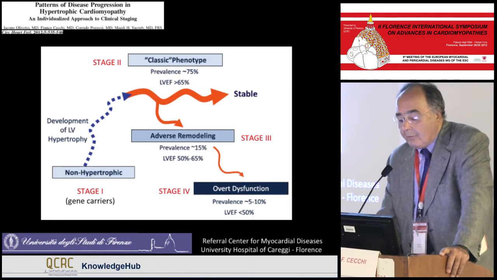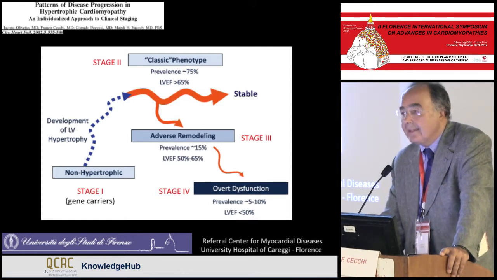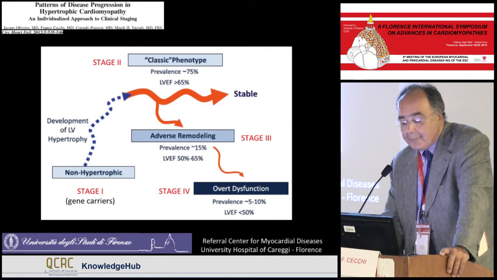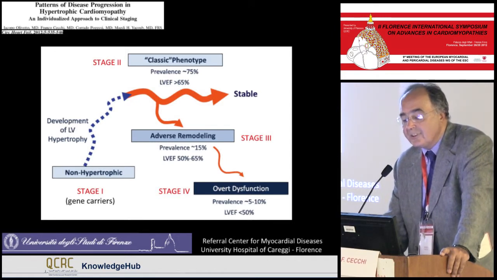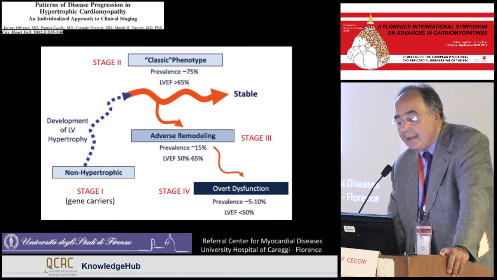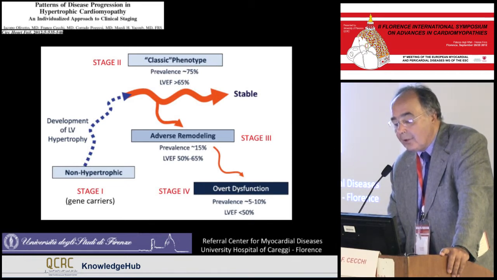Another point of criticism concerns how we see the patient, and this is our proposal. We've been working on this with Jacopo for a long time, and we reported it in a paper which has been recently published: when you see a patient, you have to try to stage the disease. We called stage 1 the gene carriers, non-hypertrophic. Then you have the classic phenotype with ejection fraction above 65% in stage 2, and usually these patients have a rather stable course.